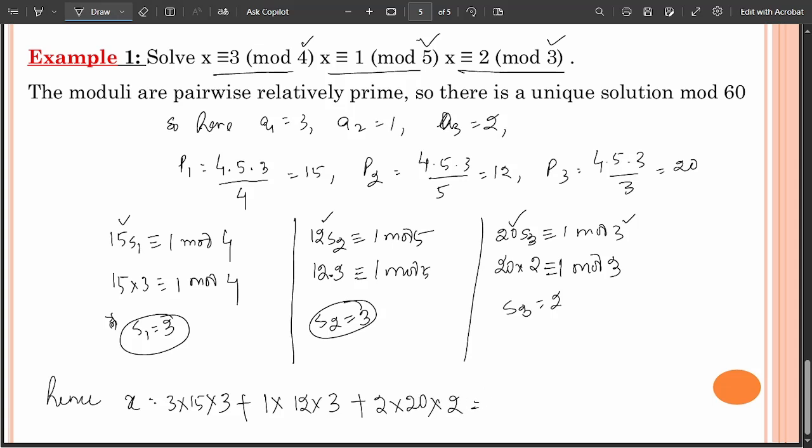So that will be 135 plus 36 plus 80, which is 251, and this is the answer.